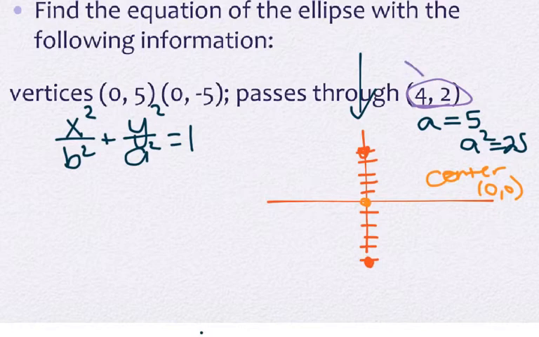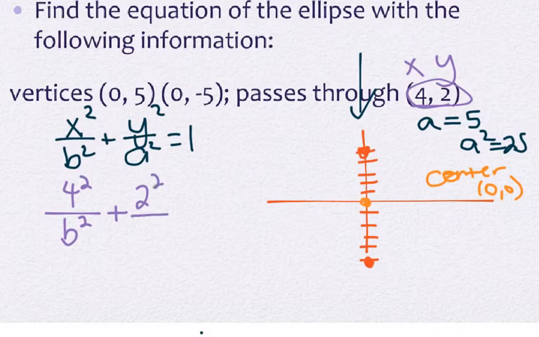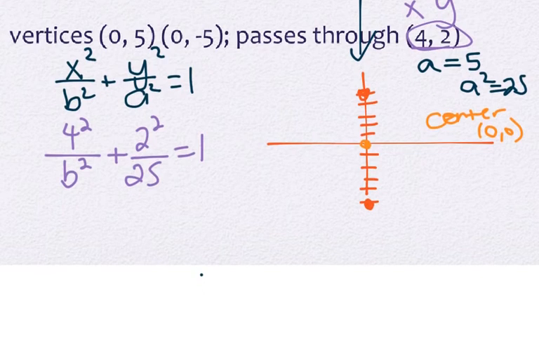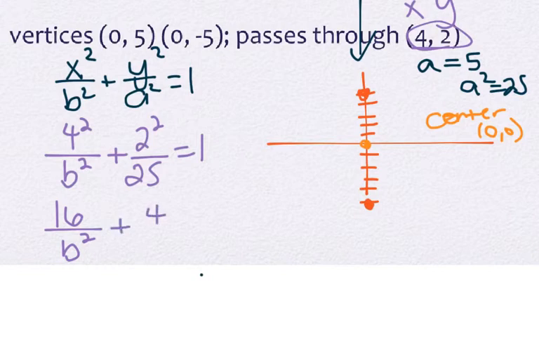So I'm going to plug this in for x and y. So 4 squared over b squared plus 2 squared over a squared, which is 25, equals 1. 4 squared is 16 over b squared plus 4 over 25 equals 1.